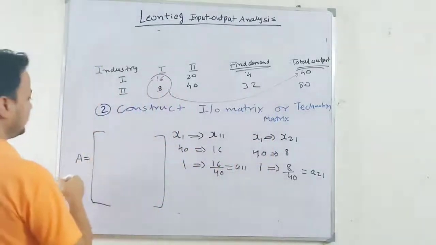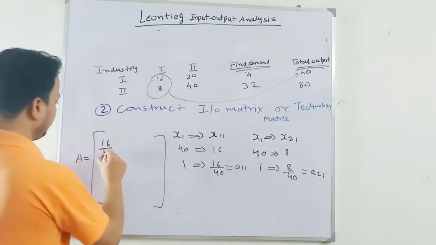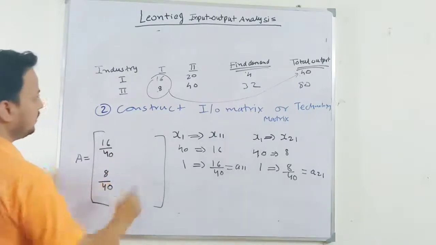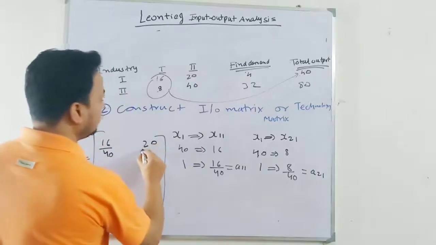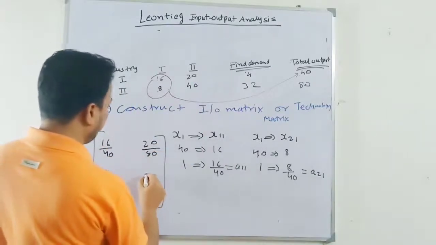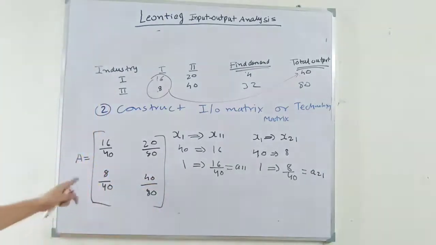This A represents that thing. This is 16 by 40, 16 by 40, and this is 8 by 40. Similarly for industry 2, I take out 20 by 80 over 40 by 80. Okay, this is my technology matrix.